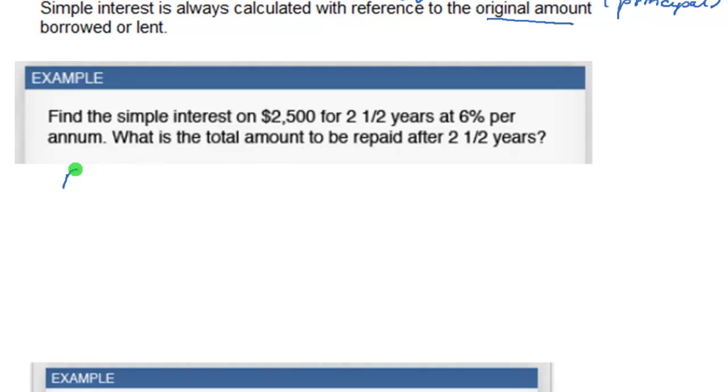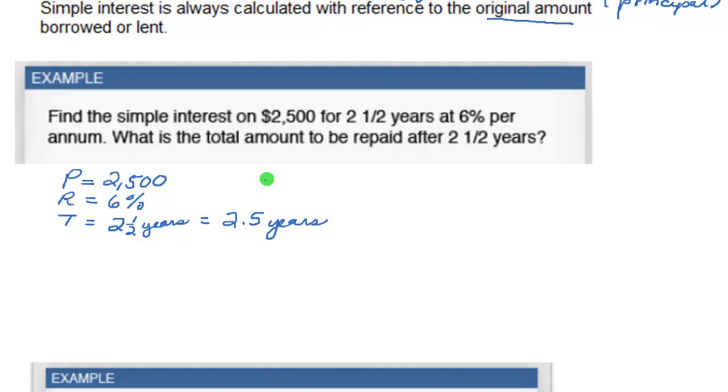The P, your principal, is $2,500. The rate is 6%. And your time is 2.5 years, and you may want to use a decimal there.